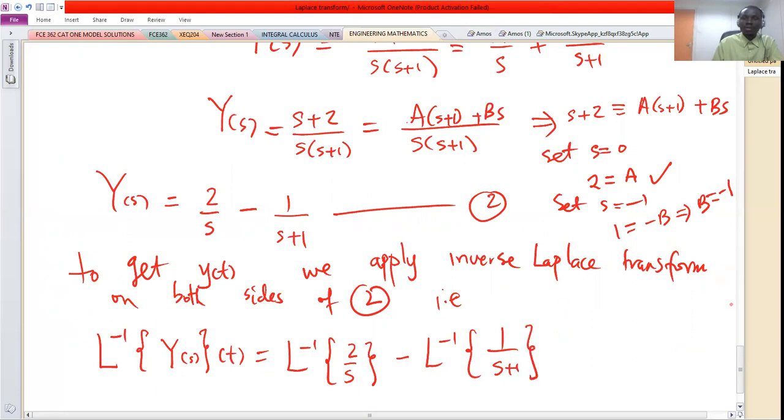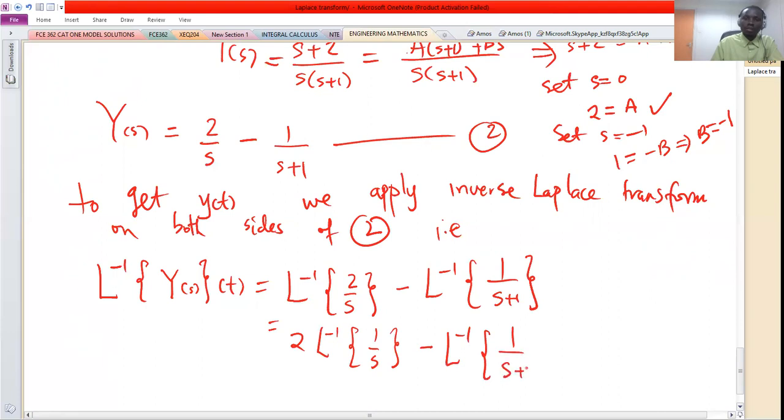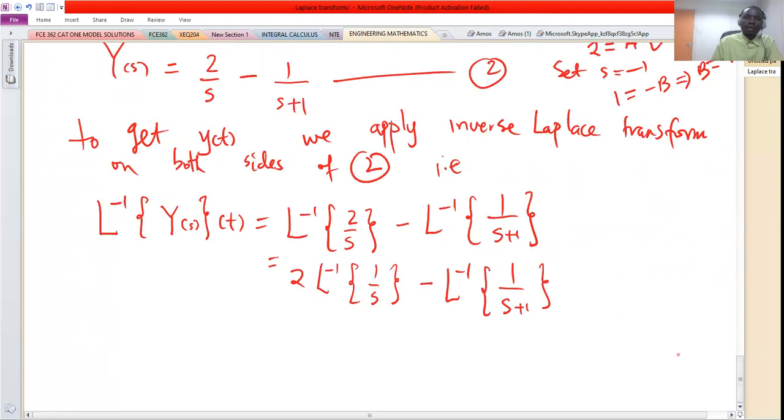And actually this you can factor out the 2, and you know that the inverse Laplace transform of 1 over s is 1. So this is the same as 2 times the inverse Laplace transform of 1 over s, and then minus, this actually is a standard one, 1 over s plus 1, whose solution will give us y of t to be 1 times 2 is 2, minus e raised to power minus t. So therefore, this is the final solution.